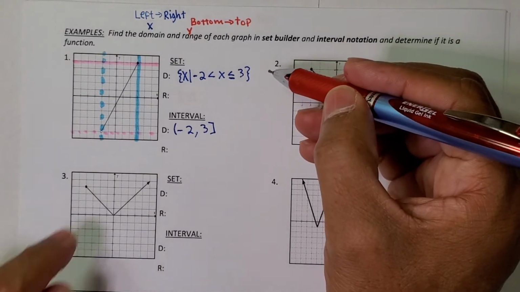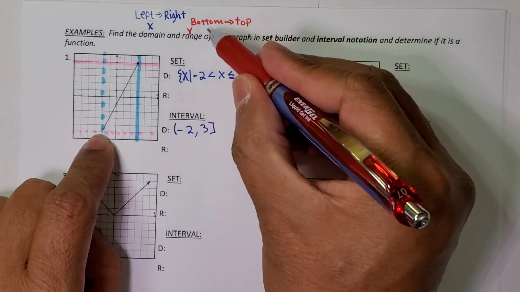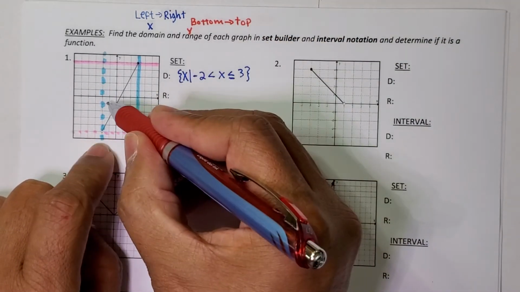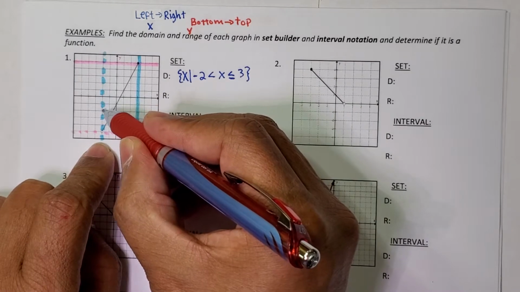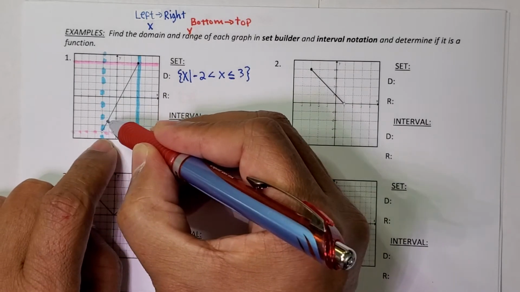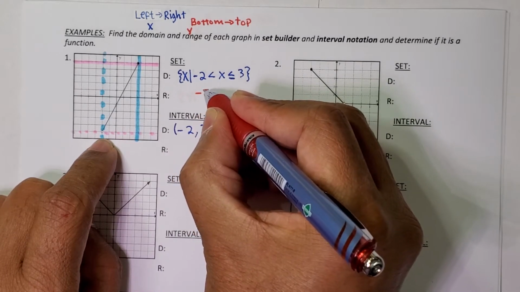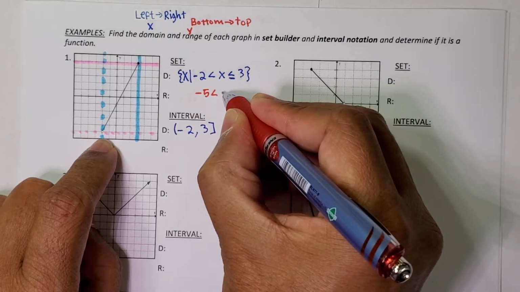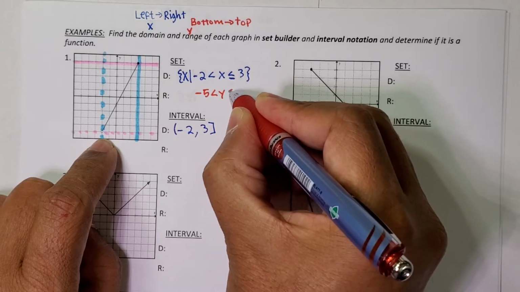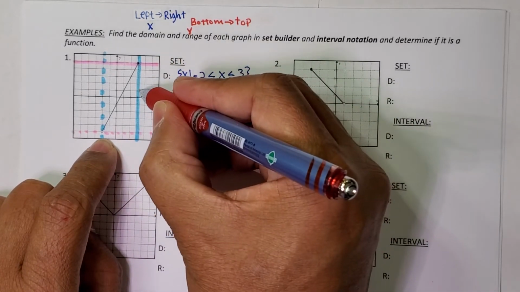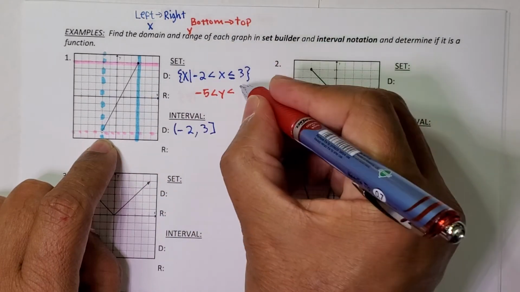Looking at the range from bottom to top, you always start from bottom to top. What's the lowest value of y? In this case, y is -1, 2, 3, 4, and 5. So y is going to be -5 here, less than y, which is less than, and the highest value, the top of this one, is 1, 2, 3, 4, 5. So this is 5.